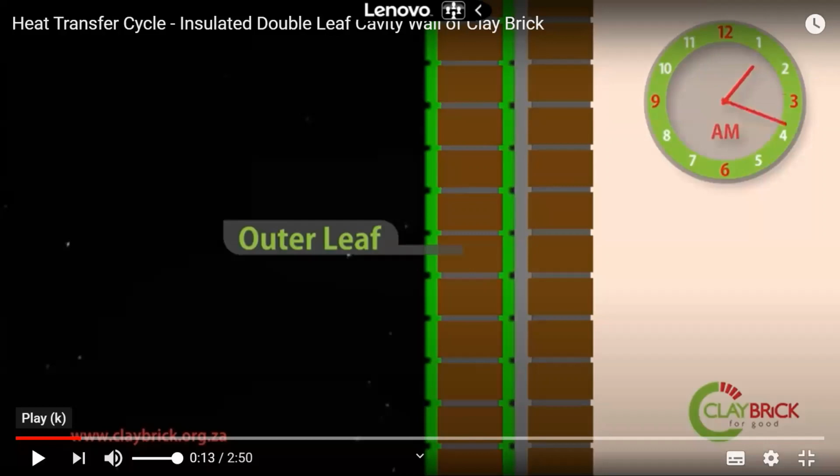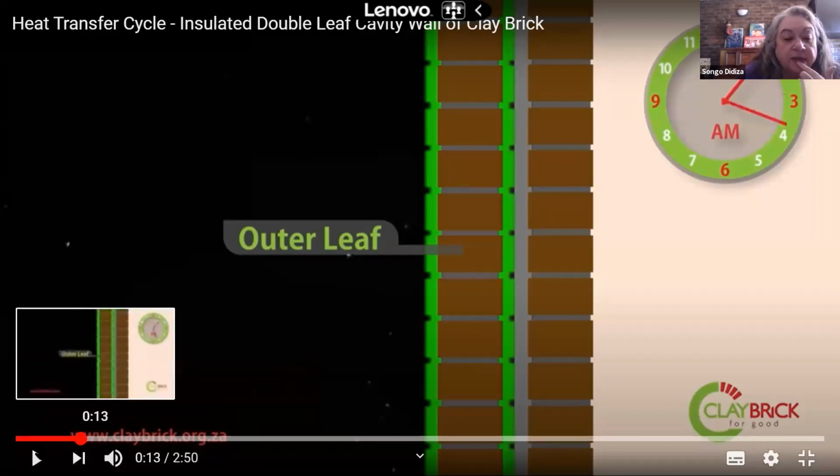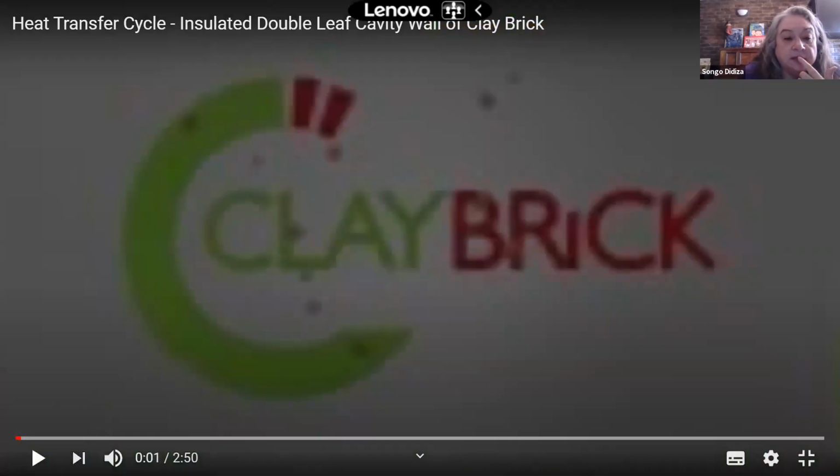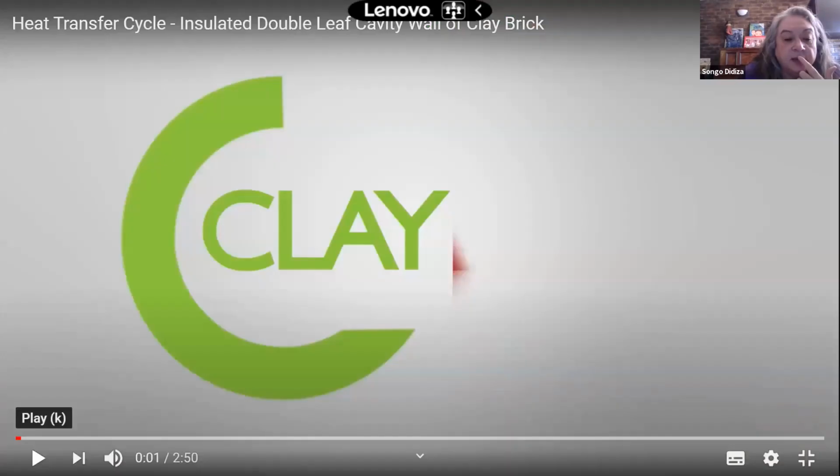And when the outside gets cooler, it retains some of the heat and then slowly releases it. This video demonstrates how it works, and you'll see by the temperatures and the sun going up. Even if you can't hear, it's very visual, and you'll understand what it's about. Let me play it, and then we can discuss it when it's done.